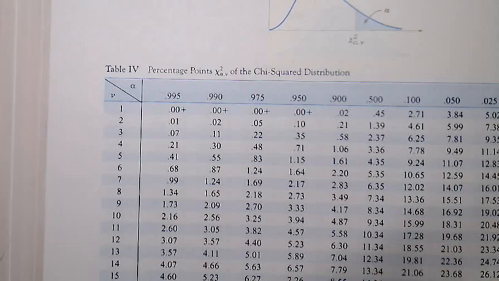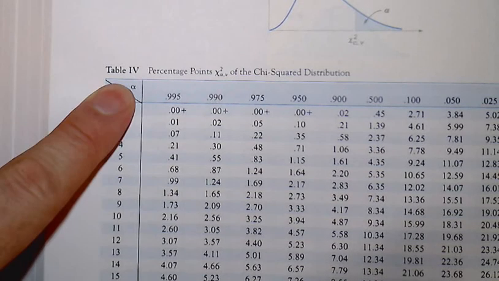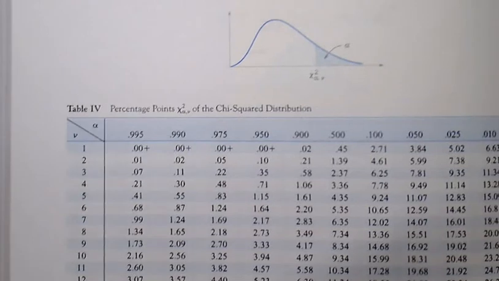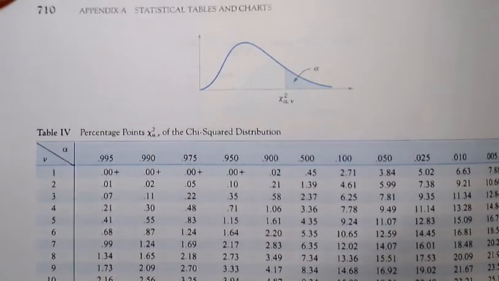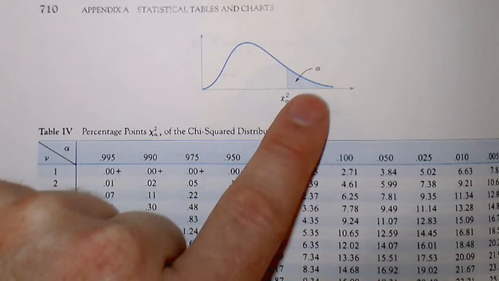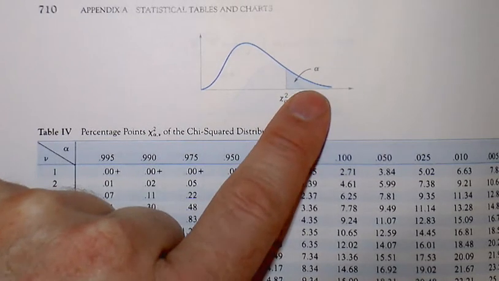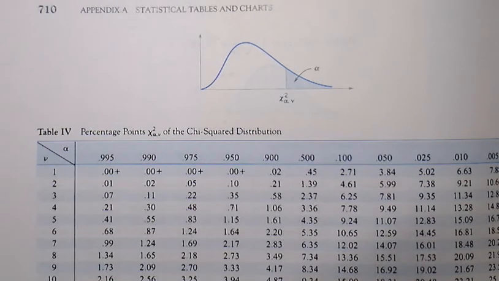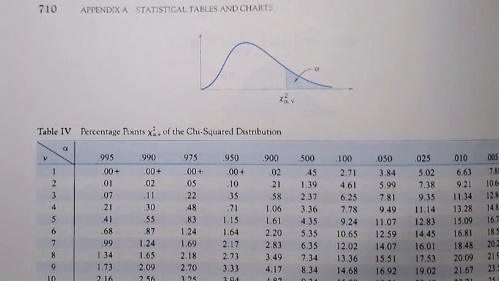Now note that in table 4 of your text, page 710, our alpha value that they're showing us here, this area that's sitting out here, is to the right. So that means we have the 1 minus the cumulative at work here.